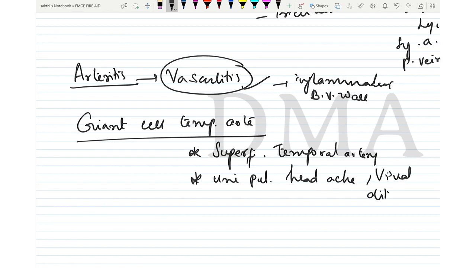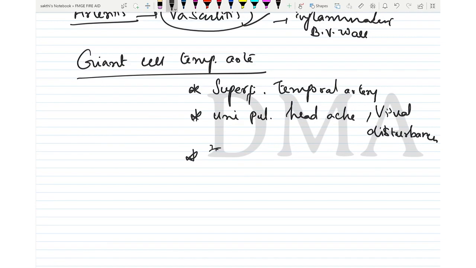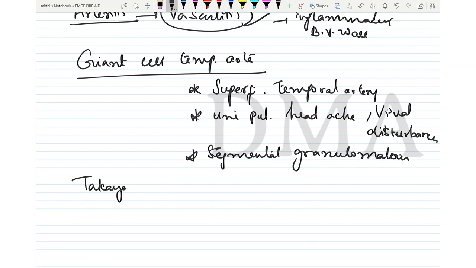And then there is Takayasu arteritis. As the name suggests, it is called pulseless disease. Important point, it affects the great tributaries of the arch of aorta.